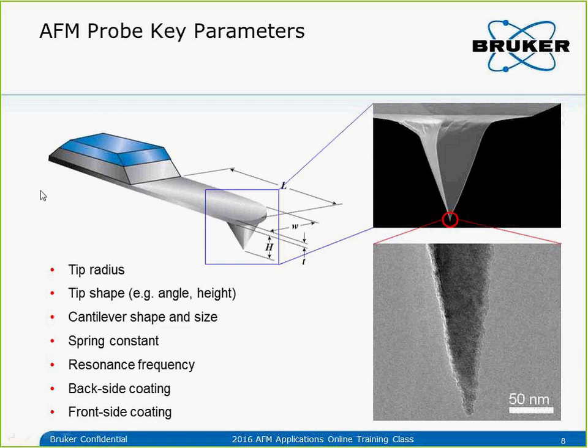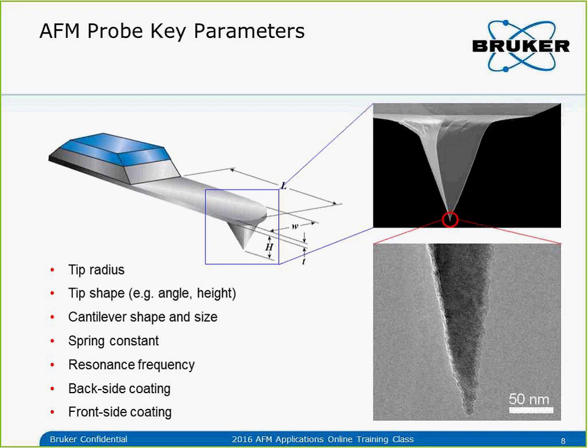The first one, the tip radius, is very important because it determines the physical resolution we can achieve: how sharp our tip is determines how much resolution we can get. Sometimes the tip shape is also important, and the cantilever shape and size are also important, especially the length.